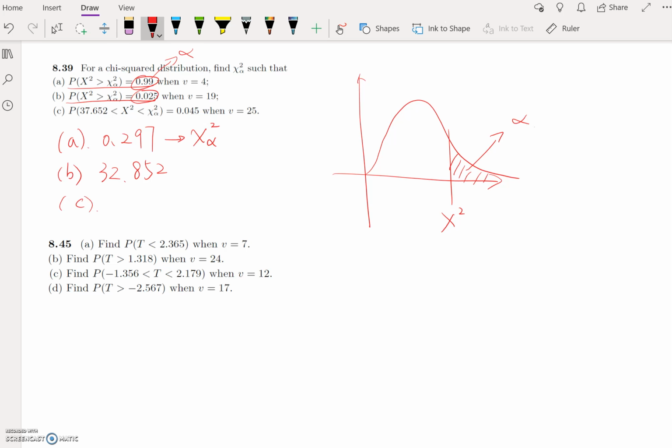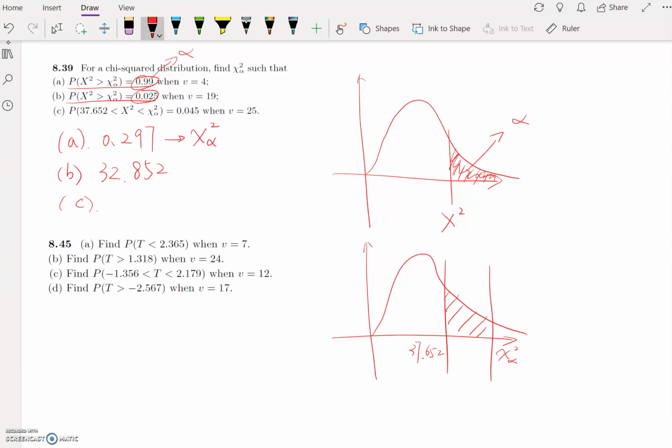For problem C, that's a little complicated. For this problem, we have the area on the curve between 37.652 and x alpha square. This part is 0.045, right?